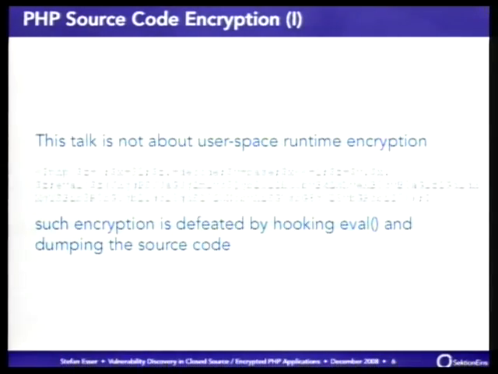This kind of protection can easily be defeated by changing the PHP source code and hooking the eval function, so you output the parameter of eval instead of executing it, and you get the original source code back. Maybe you need to step through several layers, but usually you get the original source code, and this is not really a protection. What I speak about is something that looks like this.